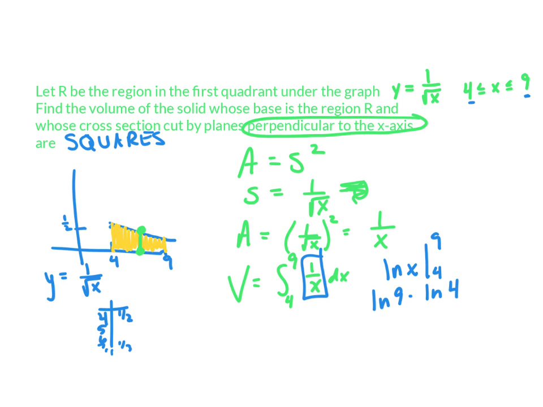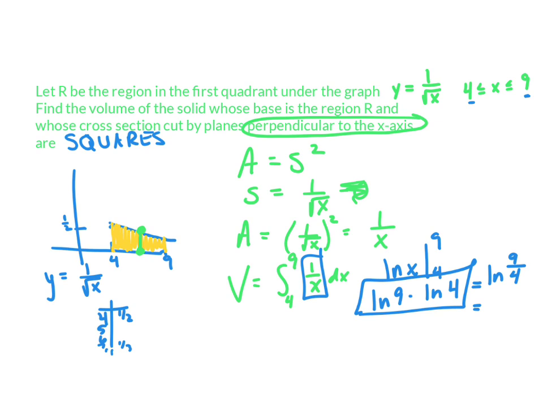Now, why did I want to talk about this one? Because I just want to refresh log properties with you and where they're going to mess with you. This probably won't be the choice on your exam because subtraction comes from division, so this is equivalent to the ln of 9 over 4. Now, you want to see me get really fancy here?